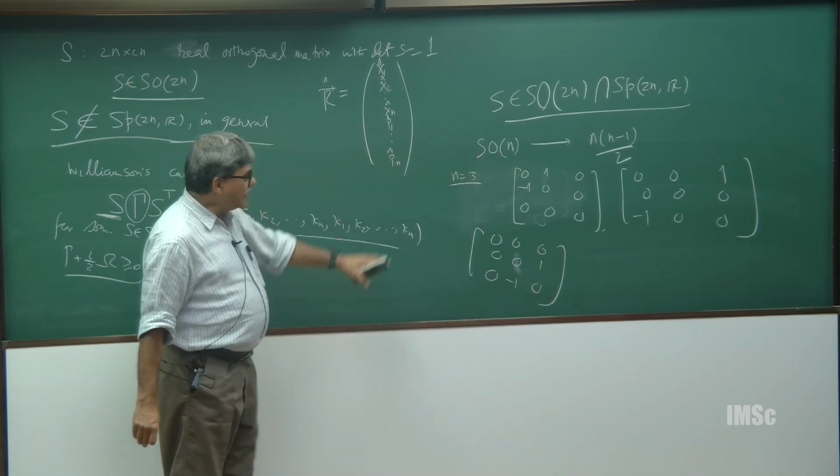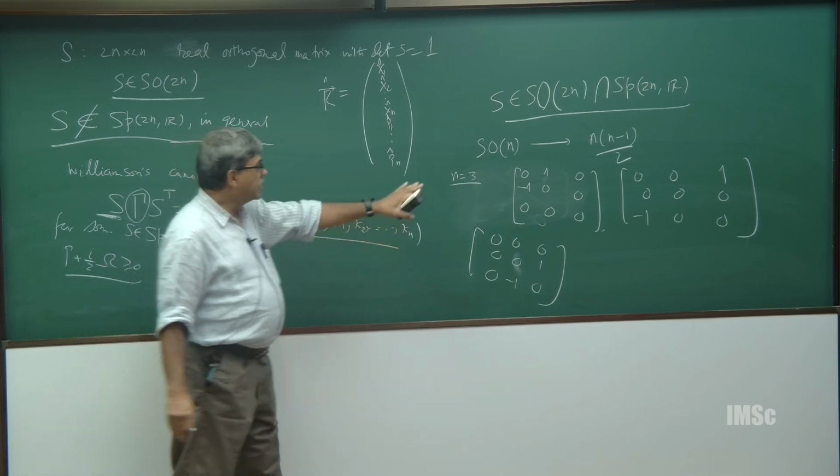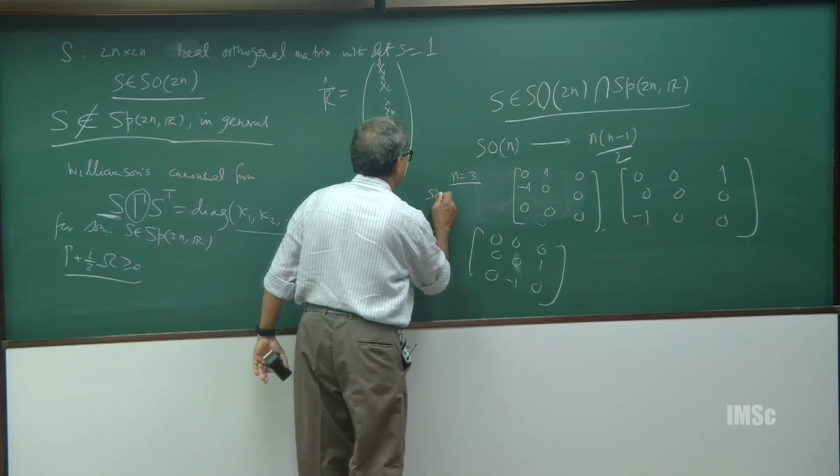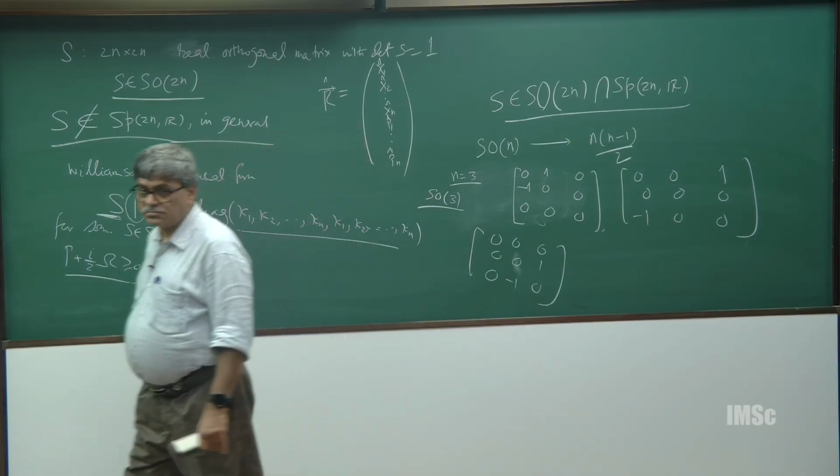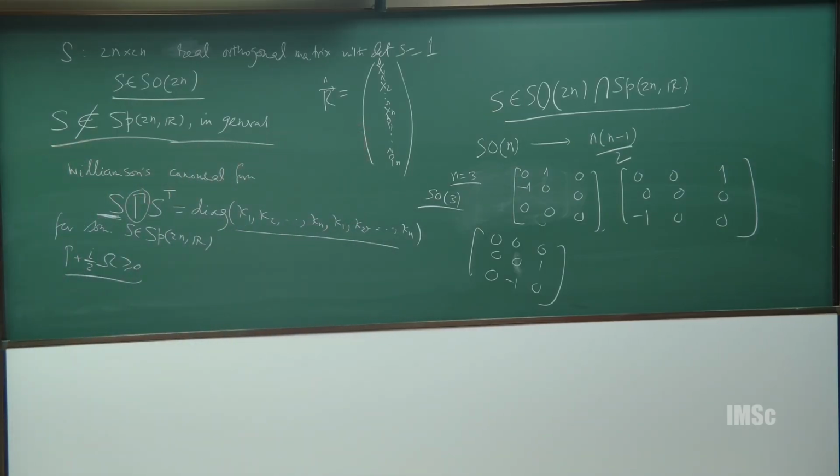So these are the 3 generators of the group SO(3). You can take these like S x, S y, S z, with some factor, but that is okay.